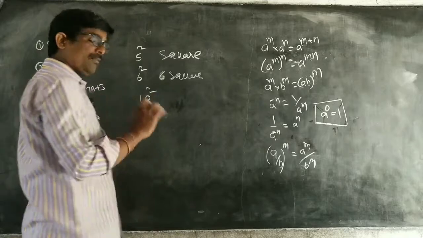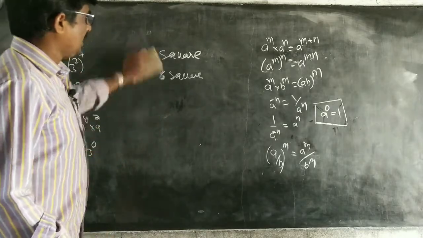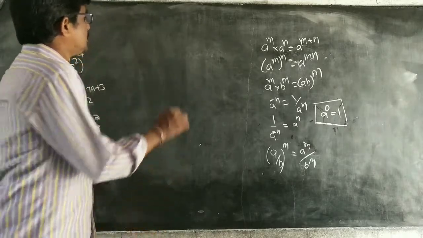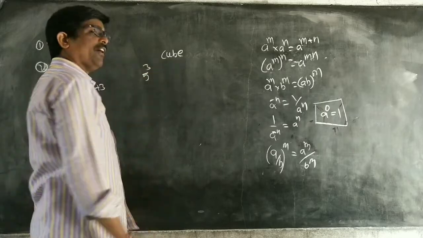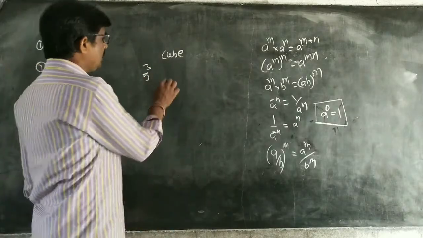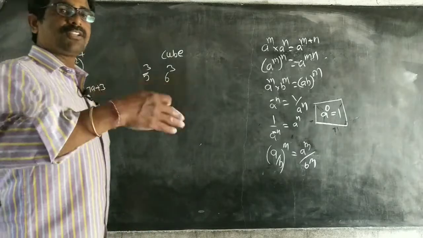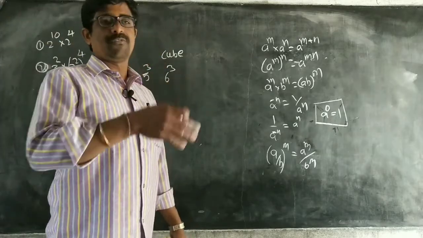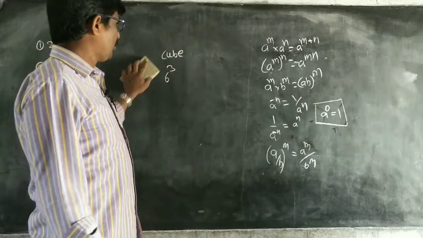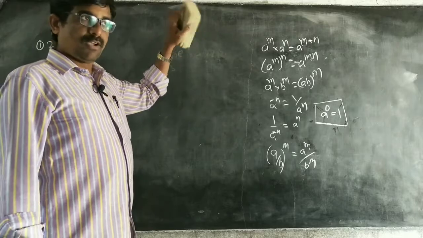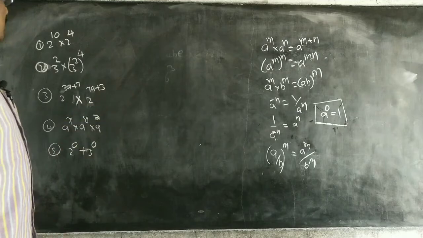If power 3, this is cube: 5 cube, 6 cube. After 3, 4, power 5 and beyond do not have any special name: 5 power 4, 5 power 6, 5 power 10. Right, so now we are going to some problems.